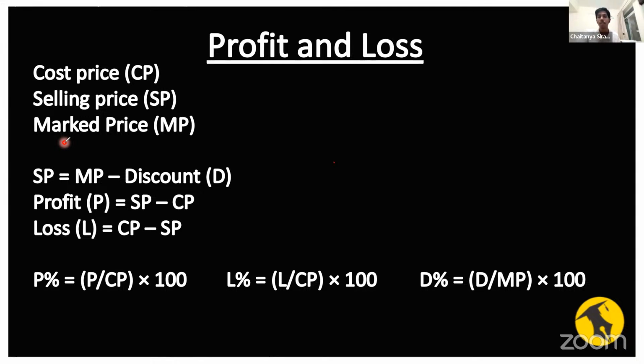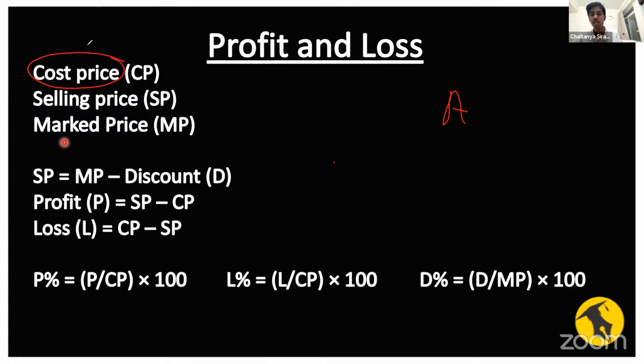Cost price is the price for making something. Let's say you are a shopkeeper, you buy some biscuits and you sell them ahead. Or a better example would be a fashion store, something like a Zara or H&M. You purchase the garments.